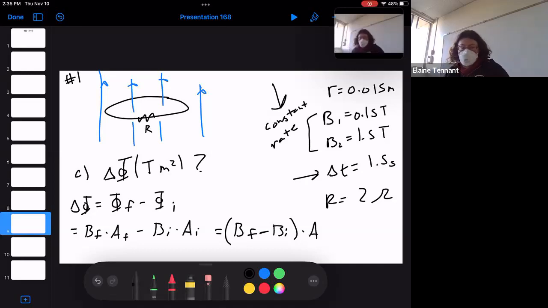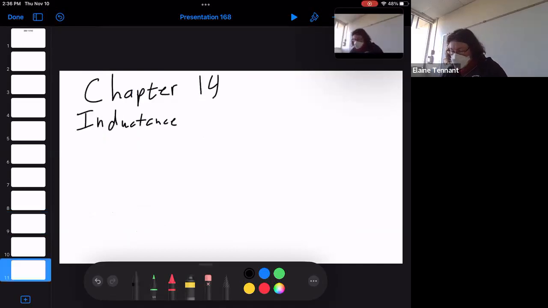And so what we want to do with inductance is we want to just say, I want a quantity where I know I'm going to have some sort of magnetic flux here that might be changing. And I know that's going to lead me to a current.